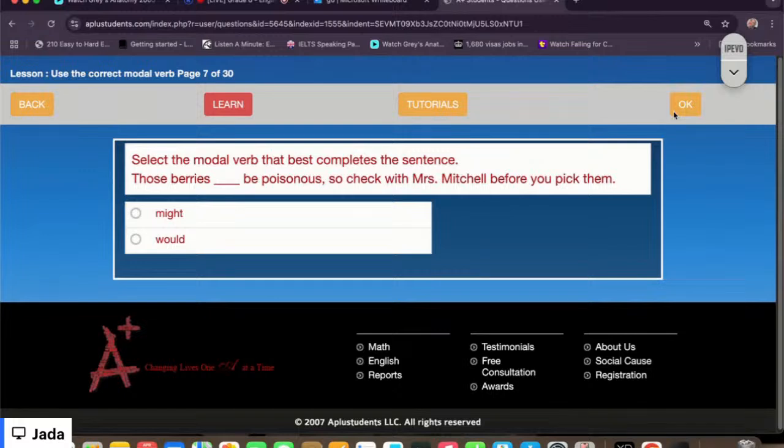Those berries dash be poisonous, so check with Mrs. Mitchell before you pick them.